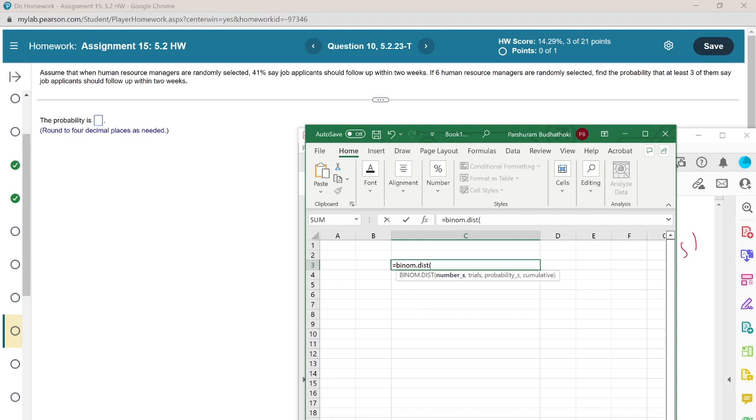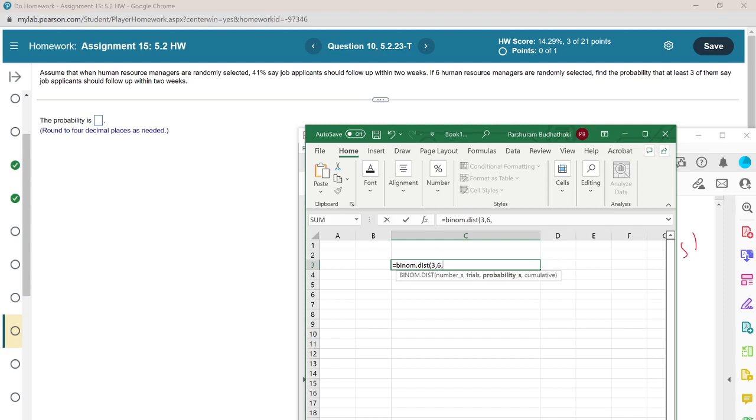So I put 3 here, and then we need to put the number of trials we have been given. Out of 6 human resource managers, we want at least 3 of them to say they follow up within 2 weeks.